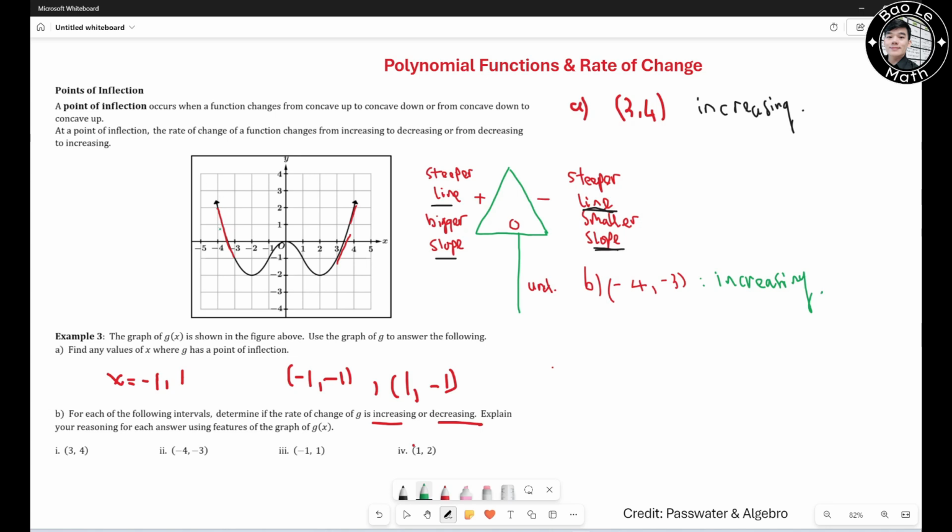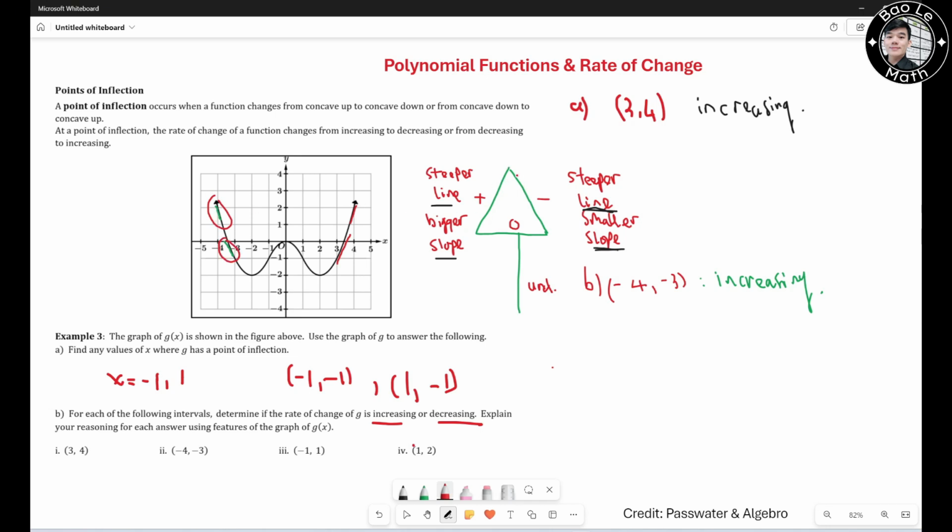Now, in order to use this Christmas tree trick, we're gonna draw two tangent lines, right? So we're gonna draw the first tangent line right here and the second tangent line right here. And we see that this line right here is steeper than this one, right?